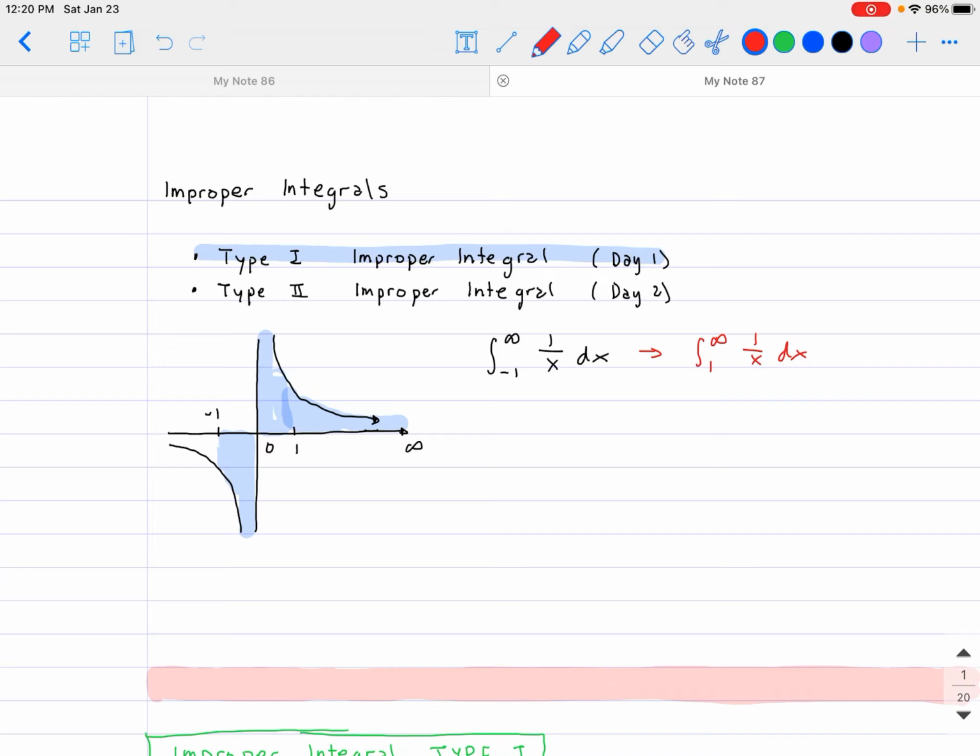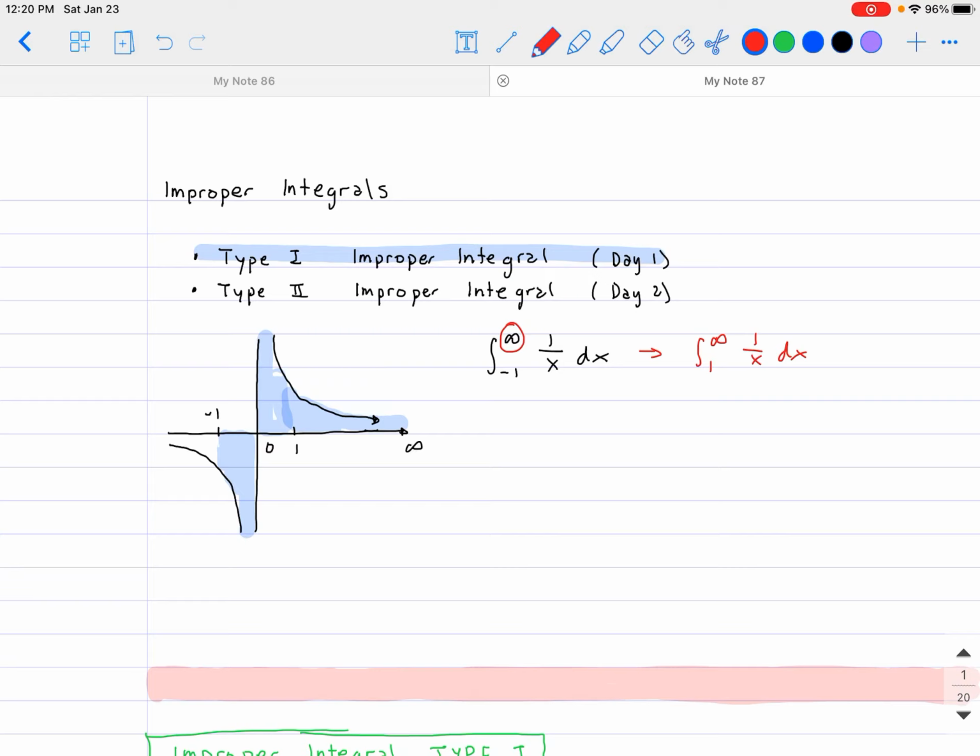So these are examples of improper integrals, where basically your function is going to be undefined somewhere. Maybe it's not continuous, or maybe you have a vertical asymptote, or maybe you're even just dealing with an integral where the boundaries are positive or negative infinities.